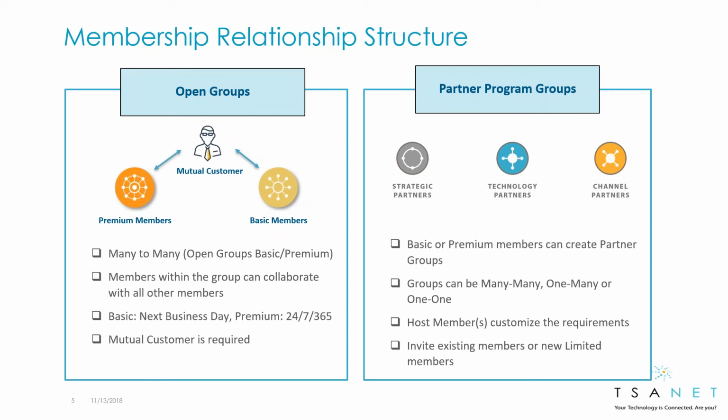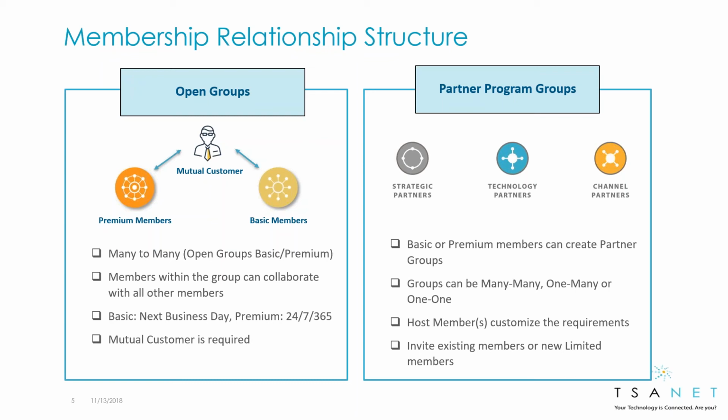So no one is required or obligated to work with another member company in this open group environment unless there is a mutual customer that is entitled for support. You don't have to worry about whether you're going to get barraged with phone calls from other member companies because you're part of the alliance, because you're getting a phone call one way or another. It's just that through TSANet, you're getting it from another member company that your customer called first.